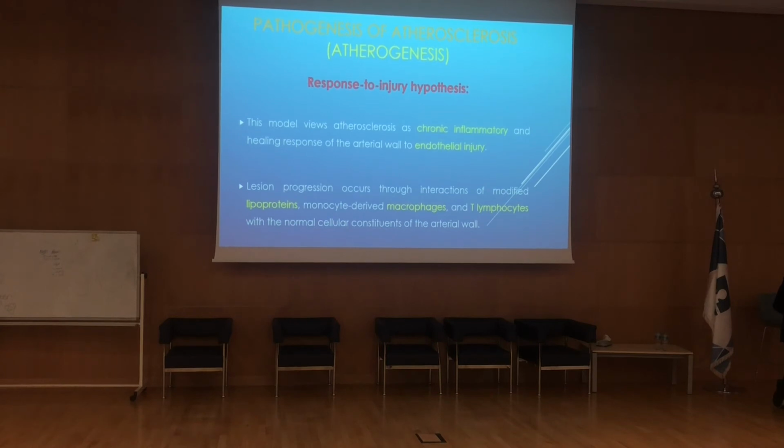Modified lipoprotein means oxidized. As they come in, the cytokines modify that lipoprotein to produce oxidized lipoprotein. Then this oxidized lipoprotein pushes macrophages to become activated macrophages, and this vicious cycle starts going on. And this activated macrophage then starts secreting cytokines like interleukin-1, tumor necrosis factor, and histamine.